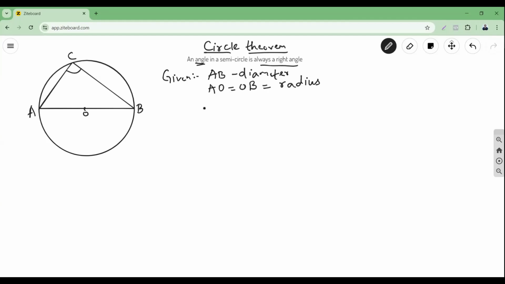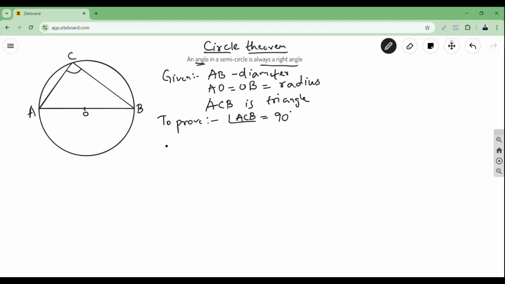And ACB is a triangle. That's all we know, correct? First, we have to know what is given to us. Then next, what do we have to prove? We have to prove that this angle C, that means angle ACB, is equal to 90 degrees, a right angle. This is what you're going to prove.